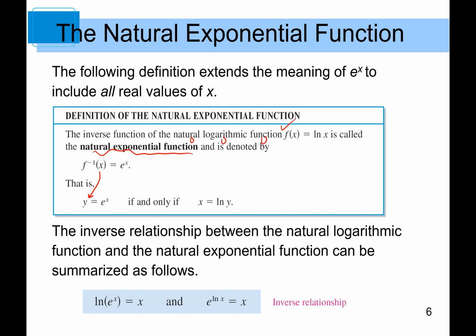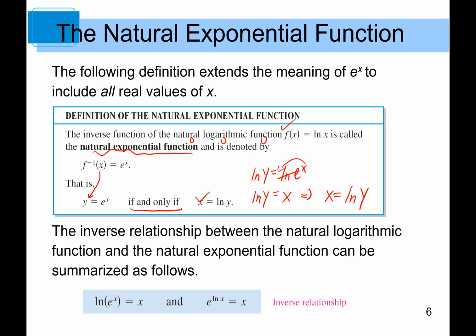If you take ln on both sides of the equation, the right hand side remains ln of y, on the left hand side ln and e cancel, and x comes in front, so x equal to ln of y. So y equal to e to the x if and only if x is equal to ln of y.